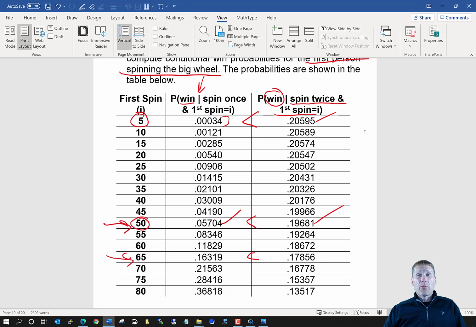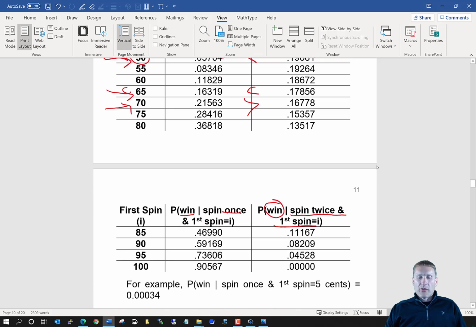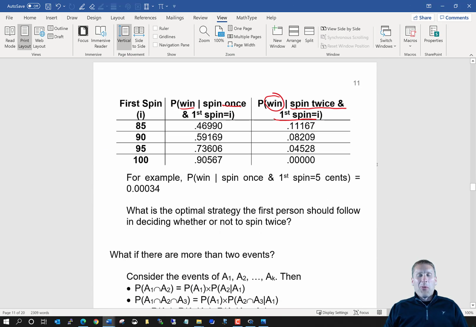That's going to give you a higher probability of winning. But at 70 cents, that's when the inequality sign changes. Now with 70 cents, you should stop. You should stay because the probability of winning is higher if you just did that one spin. So if you're ever on The Price is Right, that will give you a way to optimally play that game.